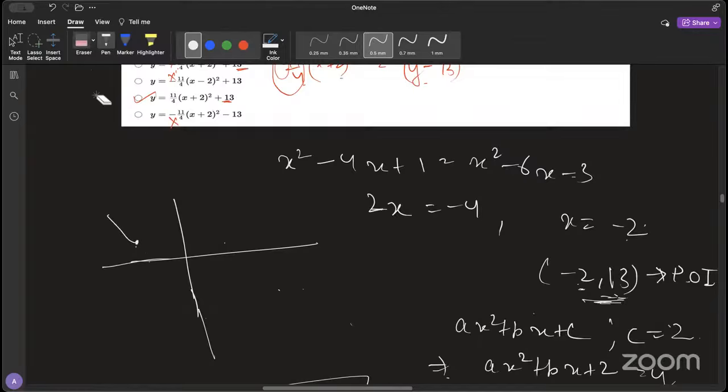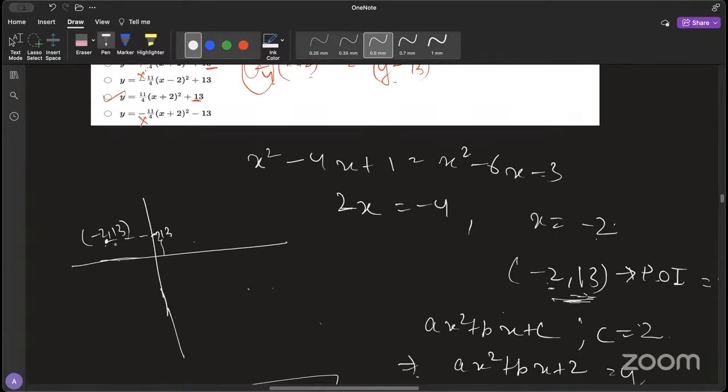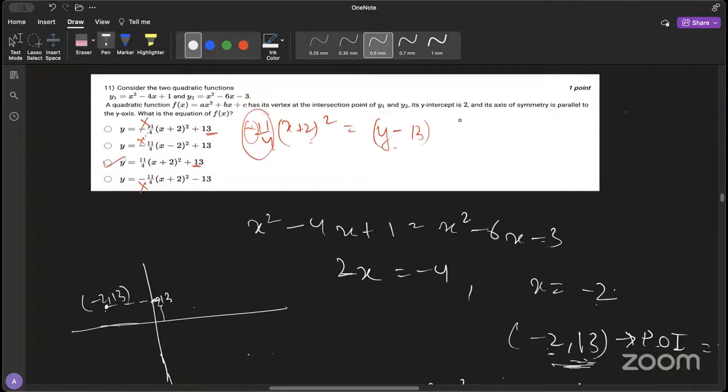Now, if it opens downwards, you can check this just using the graph and not doing any calculation. What's this height? The point is minus 2 comma 13, so this height is 13. Now your y-intercept is 2.